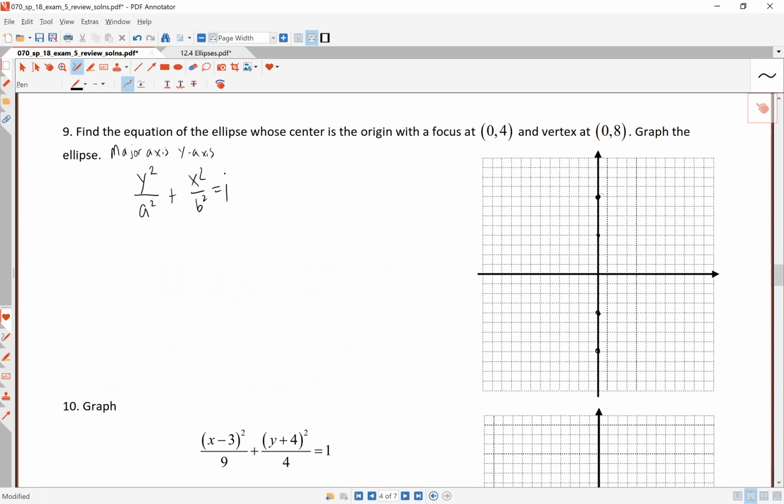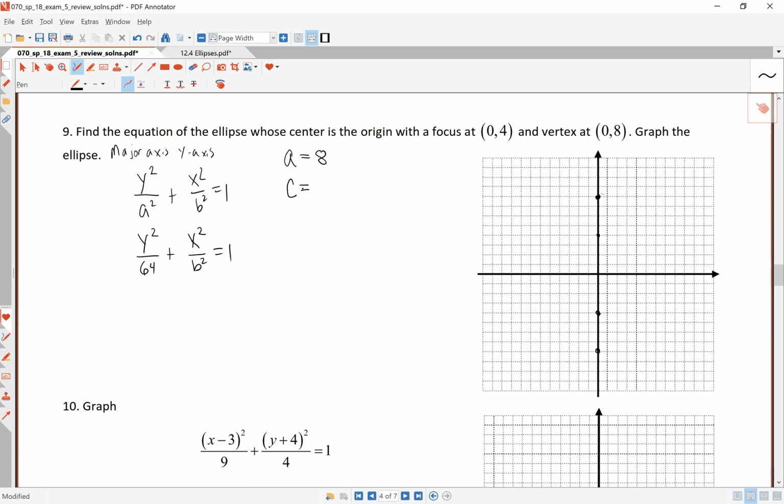And because in the y direction we've gone up 8 and down 8, it says that a is equal to 8, giving us y squared over a squared, which is 64. b squared is the unknown.